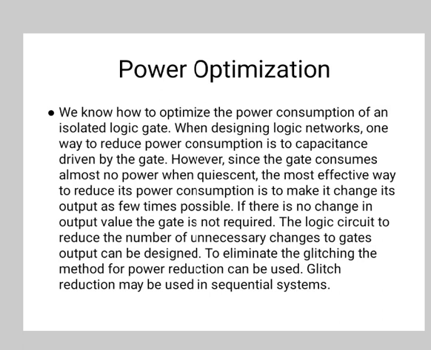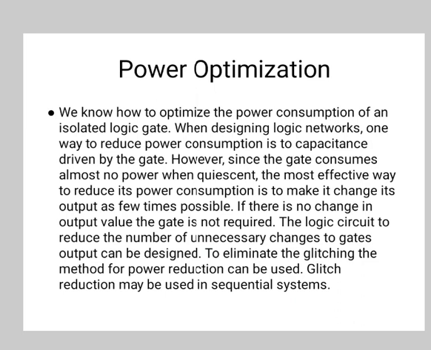If a change in the output value of the gate is not required, the logic circuit should be designed to reduce the number of unnecessary changes to the gate's output, which can be done by eliminating glitching.